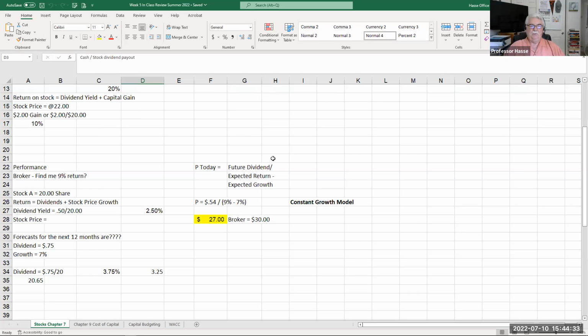What is the true value of a stock? Well, the textbook, and I like to use, what is called the constant growth model. If you know three things: what the anticipated dividend is going to be paid by the company in the next year, the current expectations of return by the investors in the market, and the expected growth of the stock.